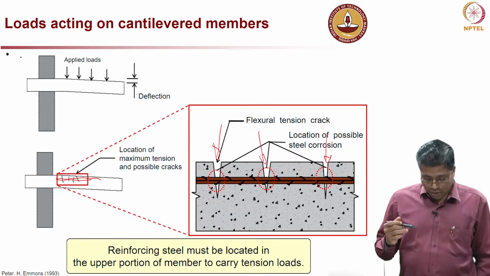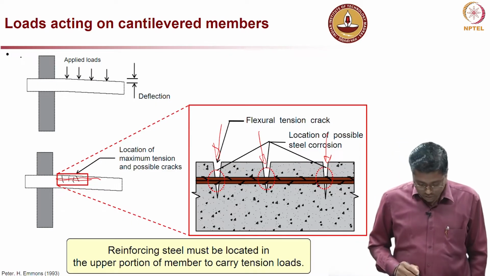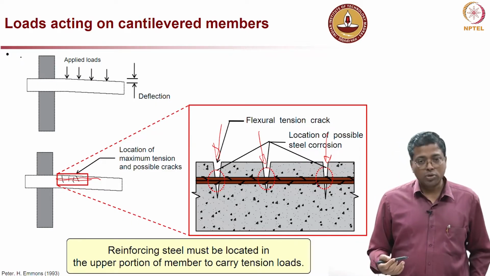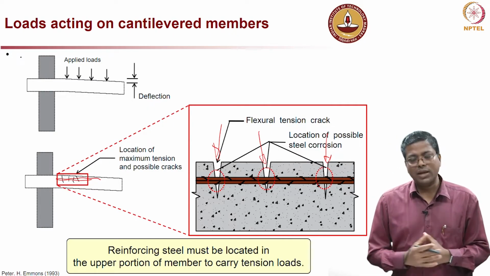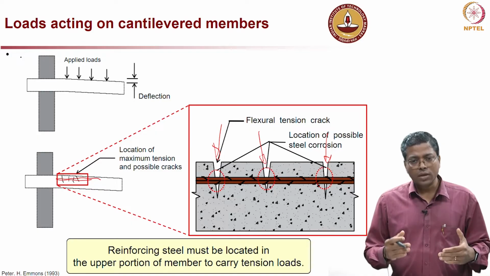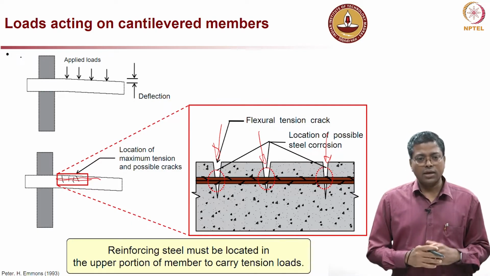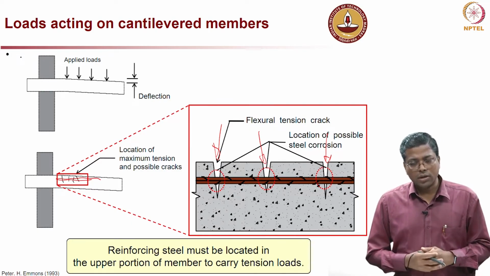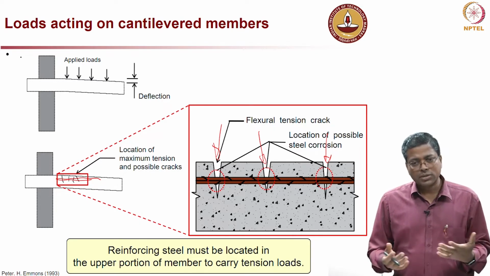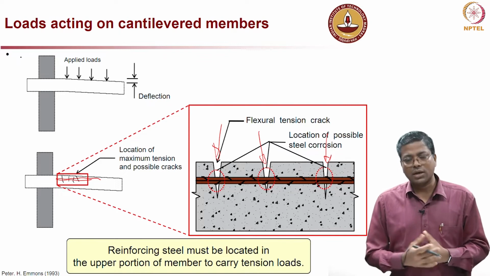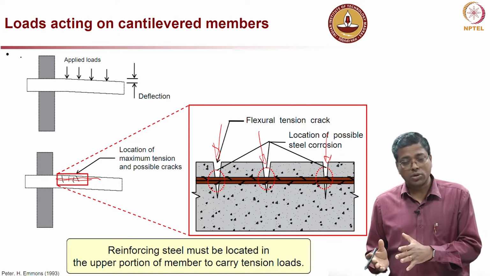So, one thing is that the reinforcing steel must be located in the upper portion to carry the tension load. Why I mentioned this here is, I have heard of many cases where people do not really understand the load path, or sometimes mistakes are made at the site, not based on the structural drawing.